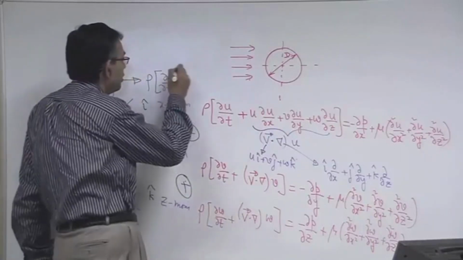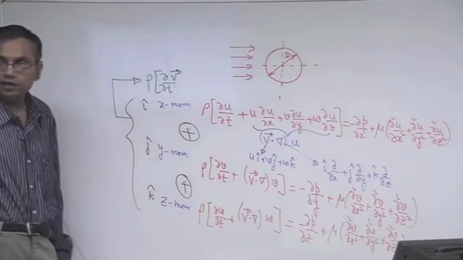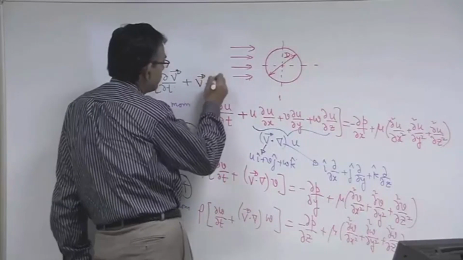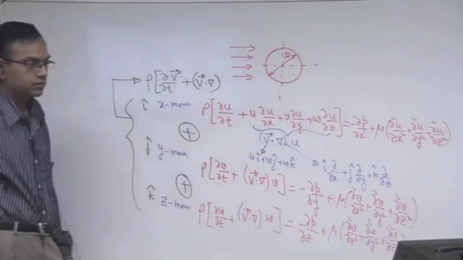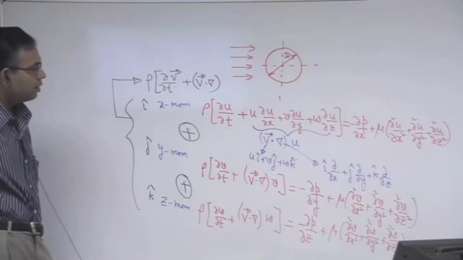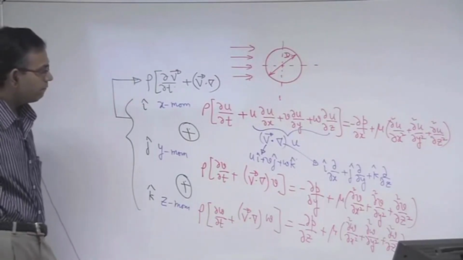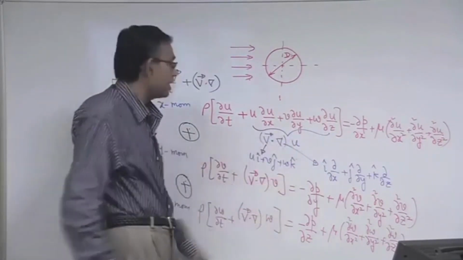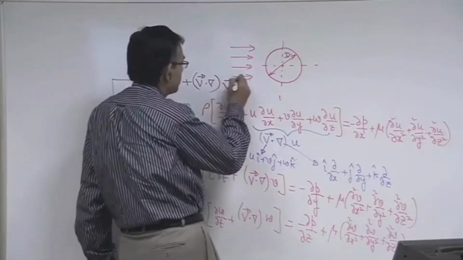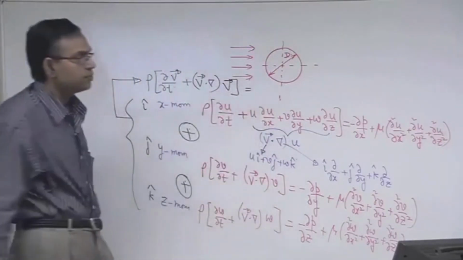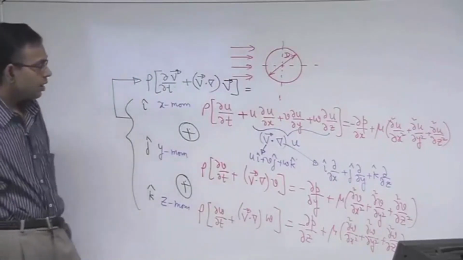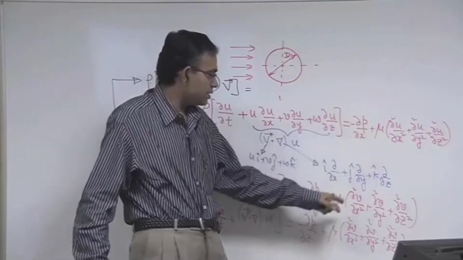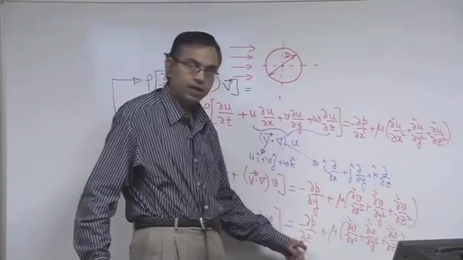So, capital V vector plus v dot del v dot del u I cap plus v j cap plus w k cap. So, that is V is equal to minus I del p del x, j del p del y, k del p del z.